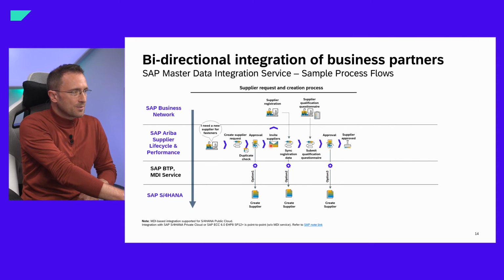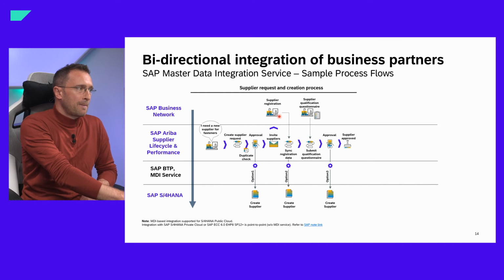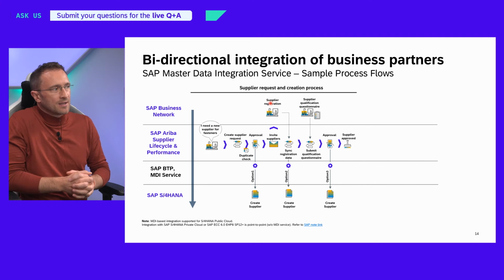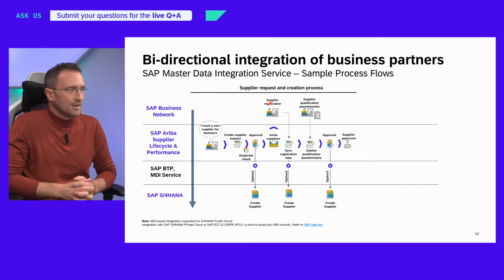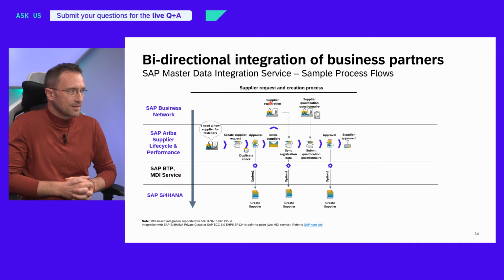Usually, this is where the supplier collaboration starts. You would send an invite via email to your supplier, and the supplier can click a link in the email invite and either register to the Business Network, or if they already have an account, use that existing account and maintain and update the invitation.